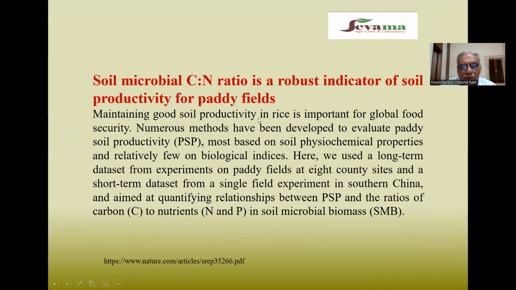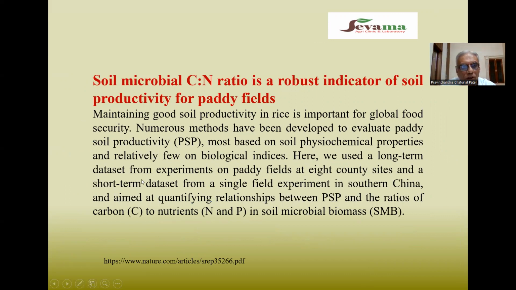So soil microbial CN ratio is a robust indicator of soil productivity for paddy fields. Maintaining good productivity in rice is important for global food security. Numerous methods have been developed to evaluate paddy soil productivity, most based on soil physicochemical properties and relatively few on biological indices.